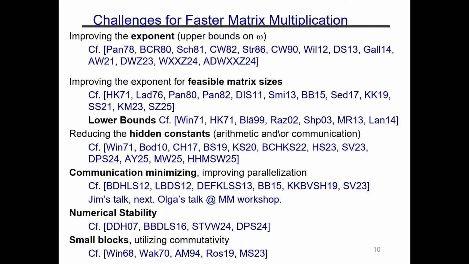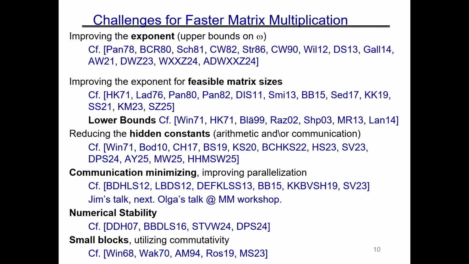One thing is they try to obtain fast matrix multiplication for feasible inputs, so the base case is of a reasonable size, and these are upper bounds, and then there are also lower bounds. Some of them are by people sitting here today. And then there's the research into what are the hidden constants, upper bounds and lower bounds, and how can we improve them.